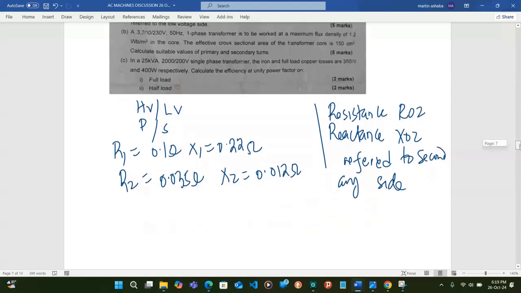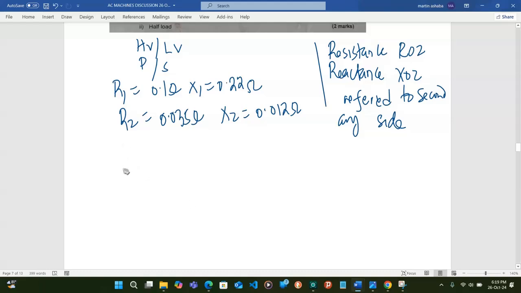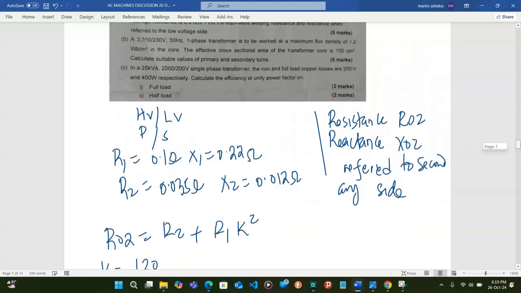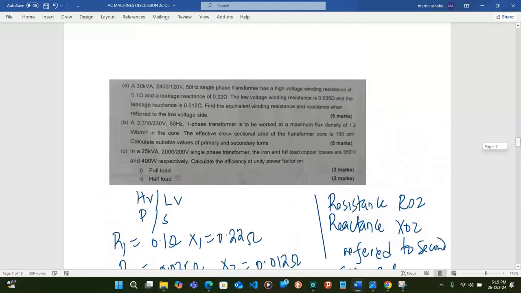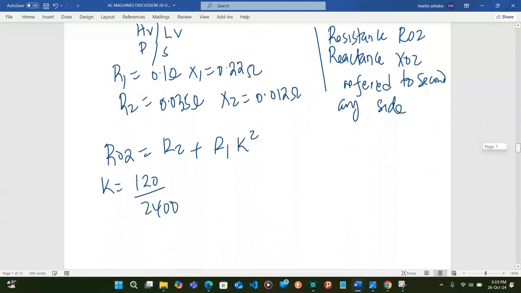Now we already know that RO2 will always equal R2 plus R1 times the transformation ratio squared. But what is K, the transformation ratio? It is 120 divided by 2400, the voltage rating of the secondary winding divided by the voltage rating of the primary winding.